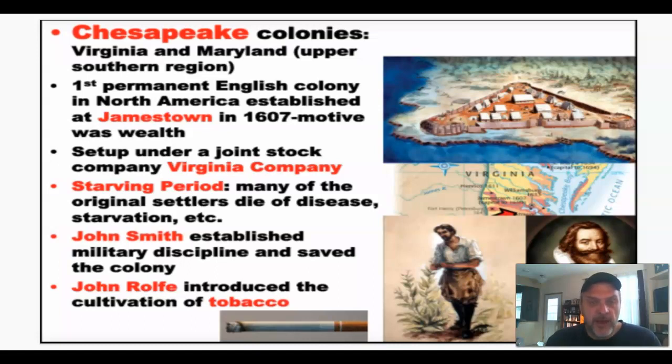Because these people, you have to imagine, none of them knew really what they were doing, right? They were new to the area, completely different environment. They didn't know how to survive here. So he established some sort of military discipline over the colony, and eventually, after the first couple of years, they did make it through. By the second, third, and fourth year, they introduced a new kind of product known as tobacco.